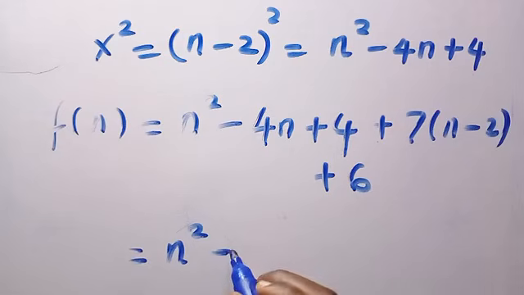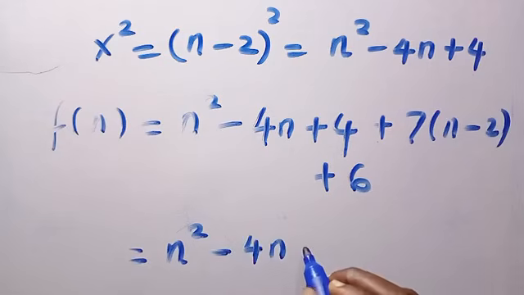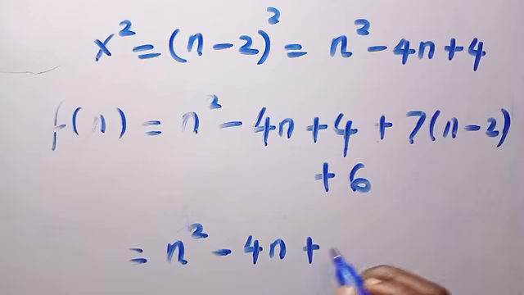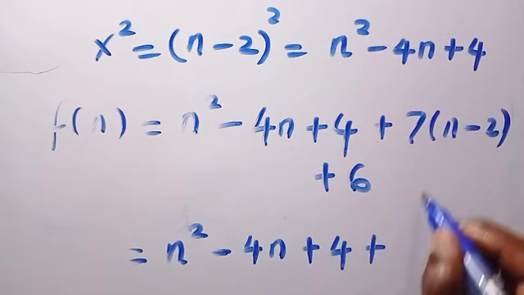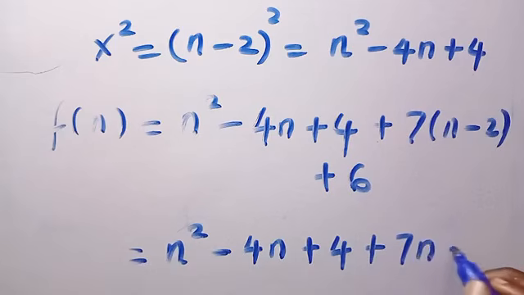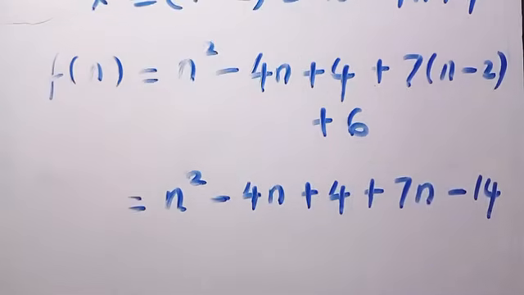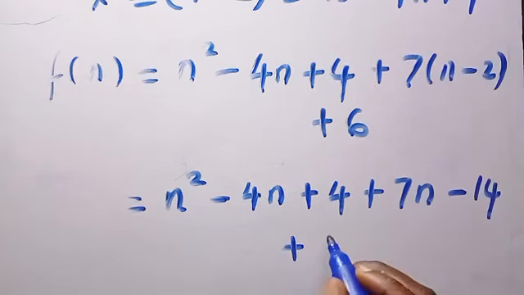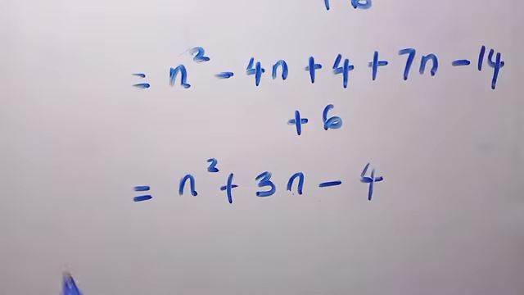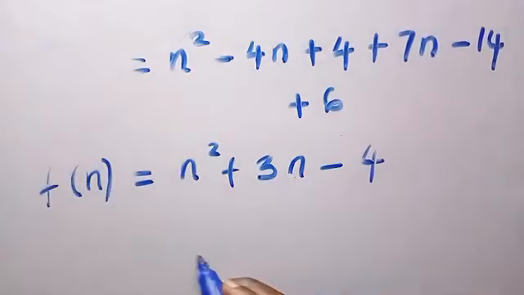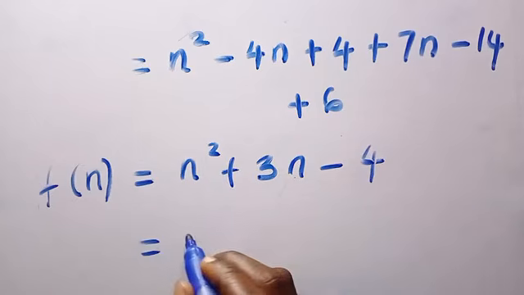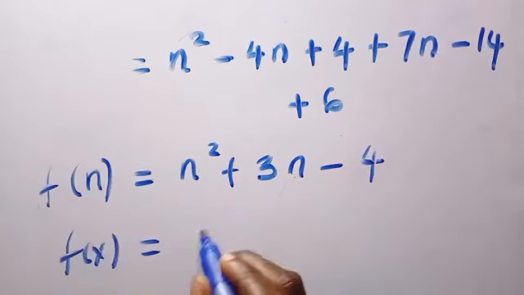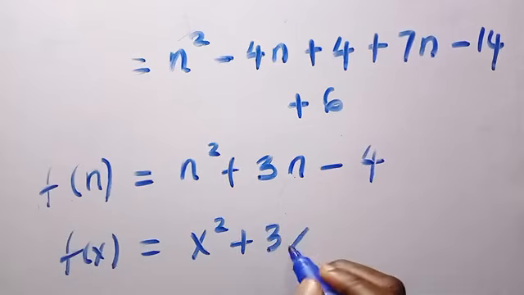So we have f of n equals n squared plus 3n minus 4, and this gives us f of x equals x squared plus 3x minus 4.